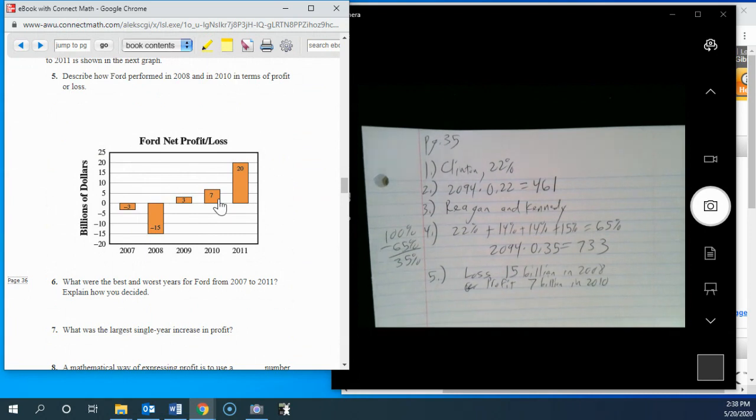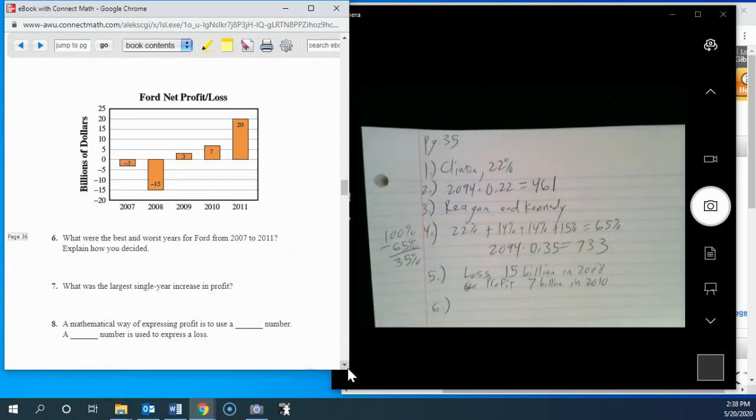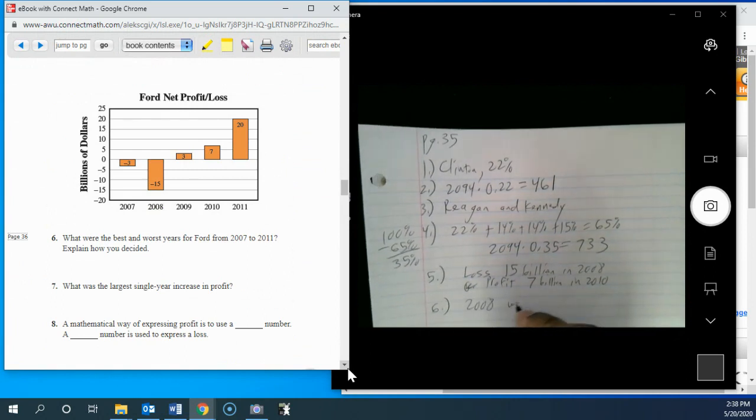All right, now they ask here for number 6. It says, what were the best and worst years for Ford from 2007 to 2011? So basically, the worst year, 2008, was the worst year. And then 2011 was the best year.